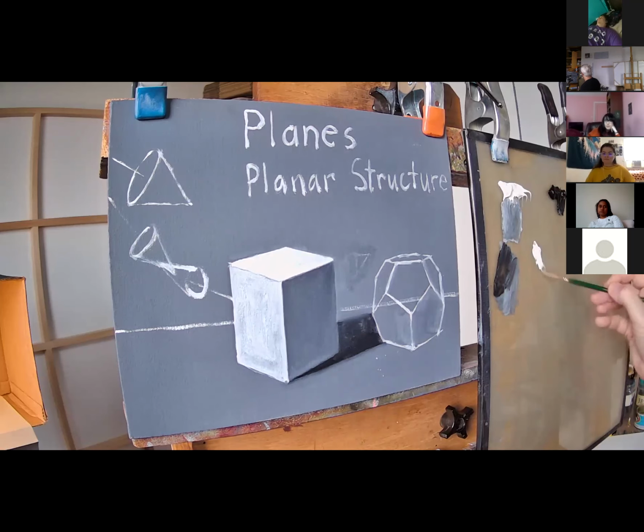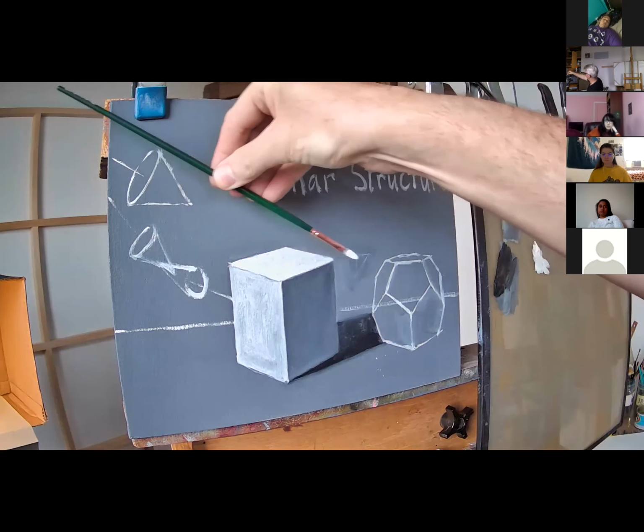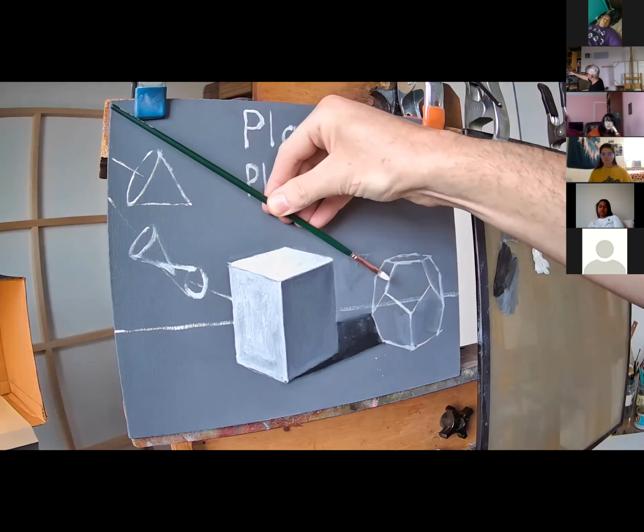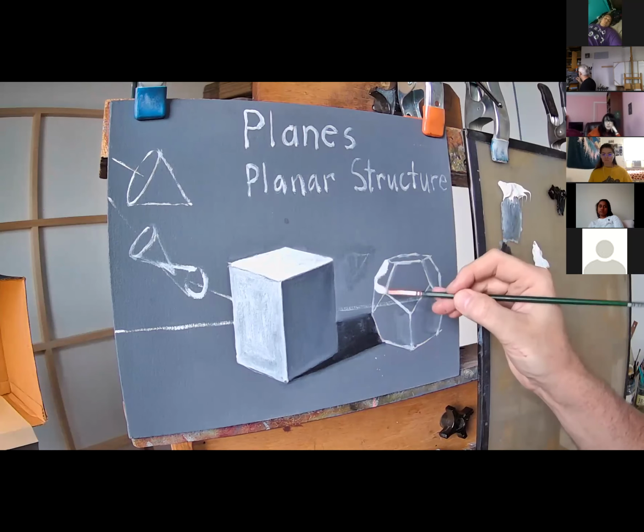So if illuminating the dodecahedron with the same light source, notice that the light is coming from this direction, right? The upper left plane of the dodecahedron is pretty much directly parallel to that light source.